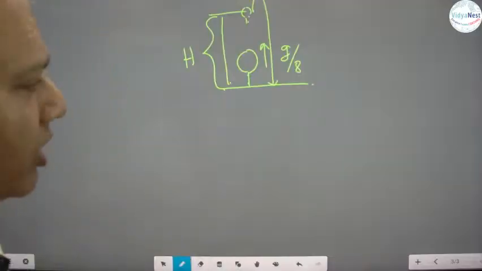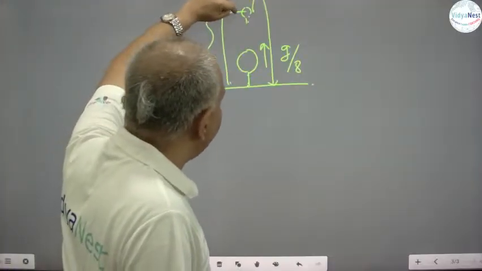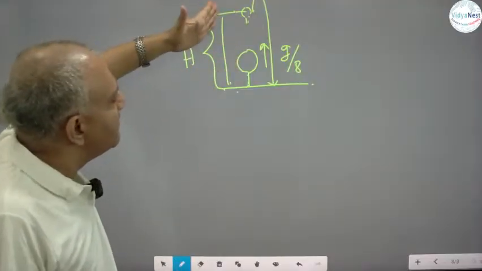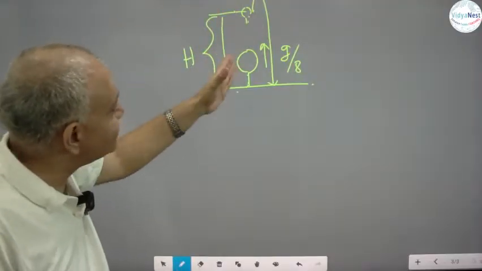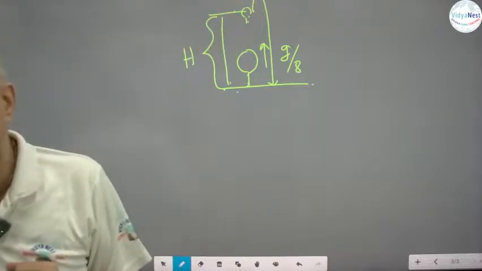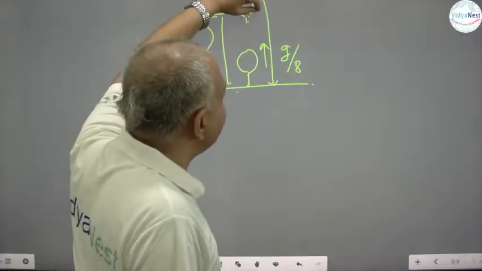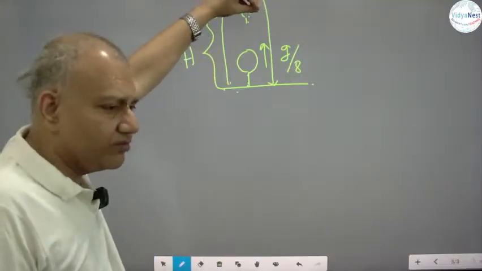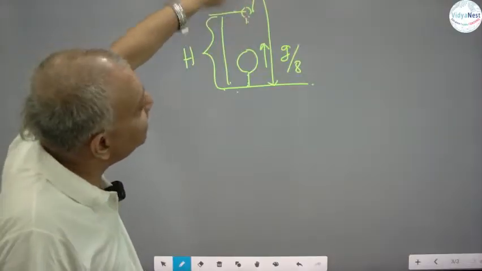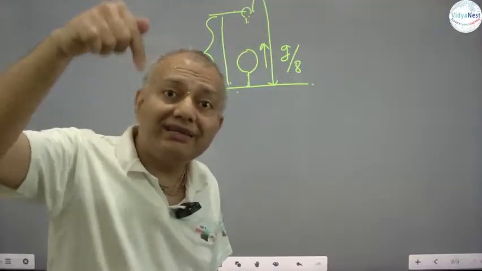Because when the balloon has gone to height capital H, the balloon has gathered some upward velocity at that instant of time. So whenever I release anything from the balloon, that object will rise with that velocity, because the object dropped from the balloon is in the frame of the balloon.